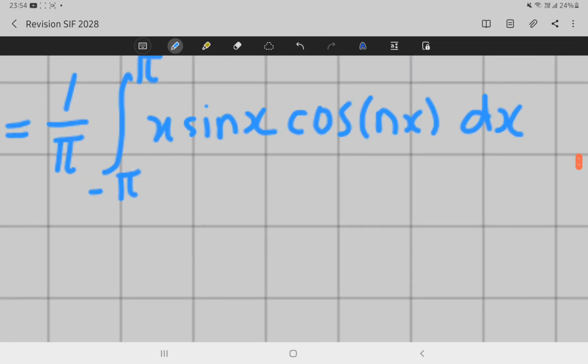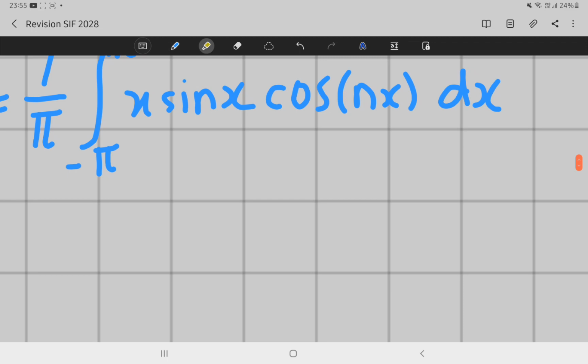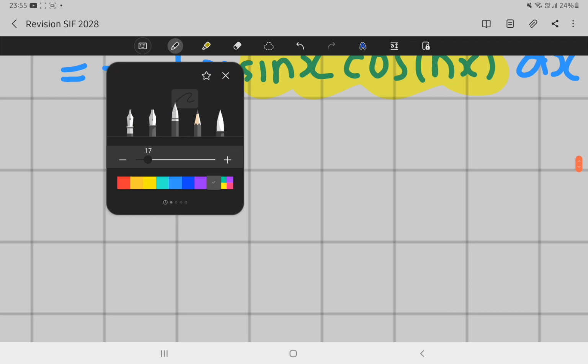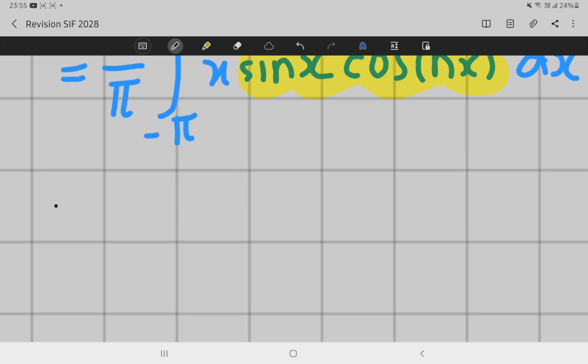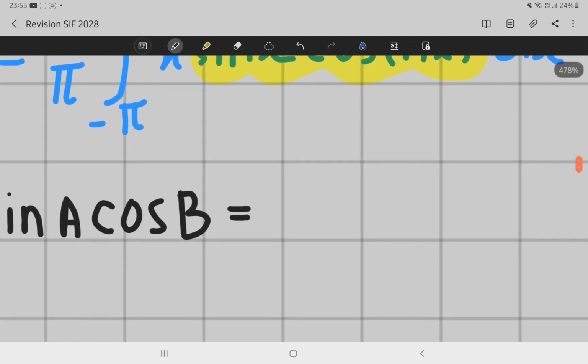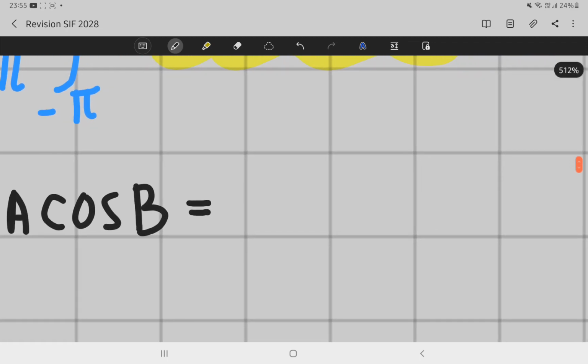Okay, so we have sine and cos, so we need to combine this first. So let's do another work. So recall that sine a cos b, using the product to sum formula, is 1 by 2.